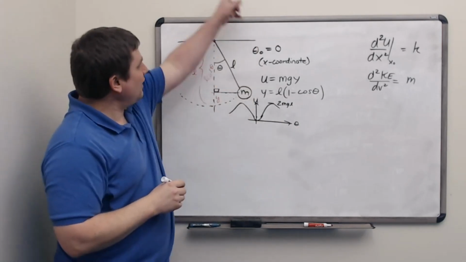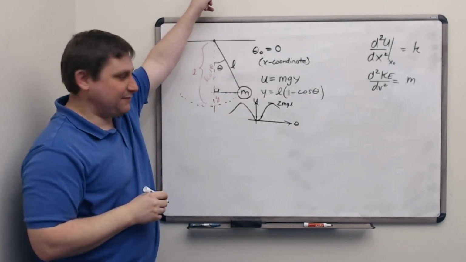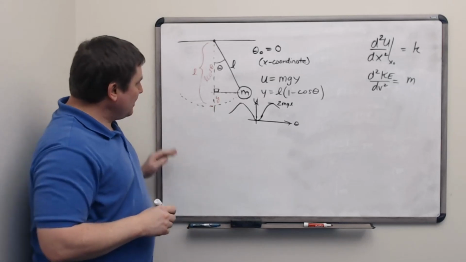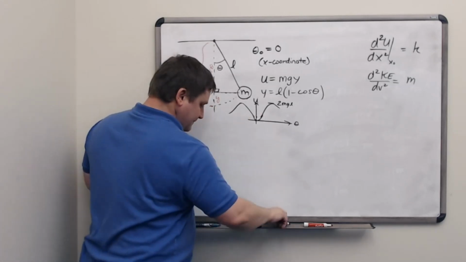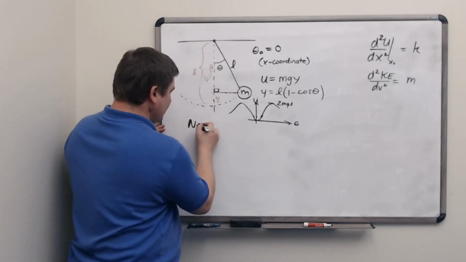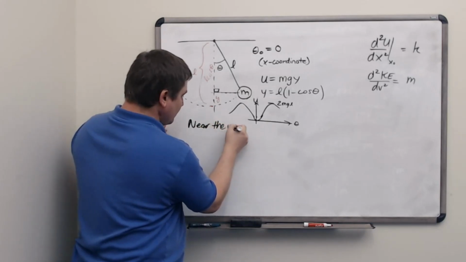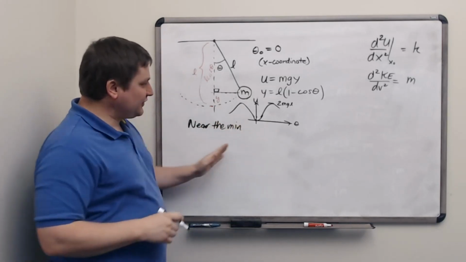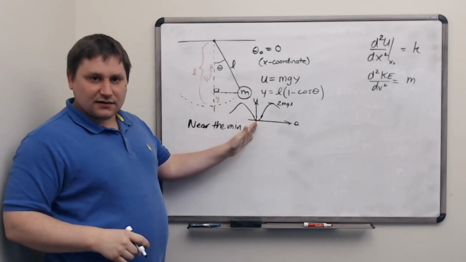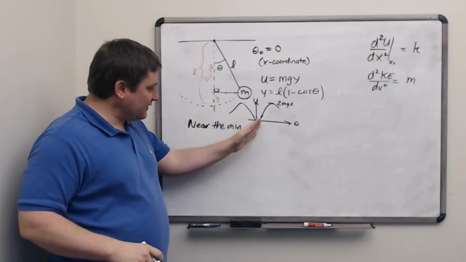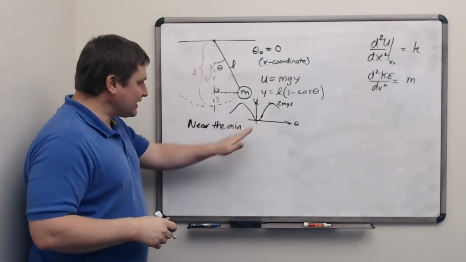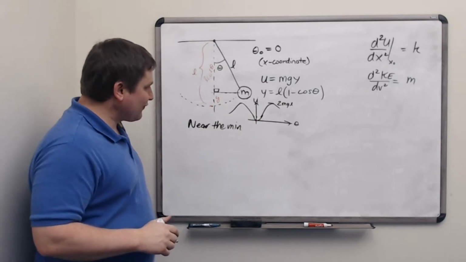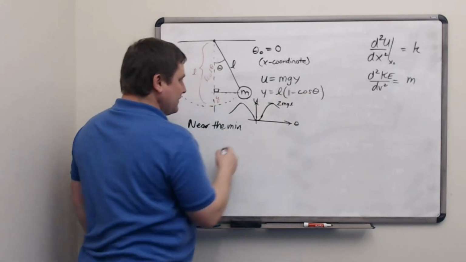Right? A whole diameter away up at the top is the max. But near the minimum, this potential energy function has a local minimum. It has a divot here, a well, right? And so we can approximate that as a parabola by doing this second derivative.